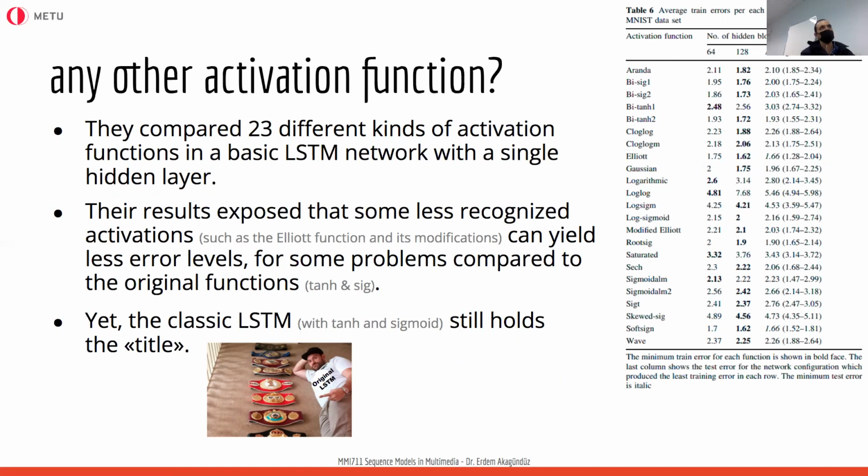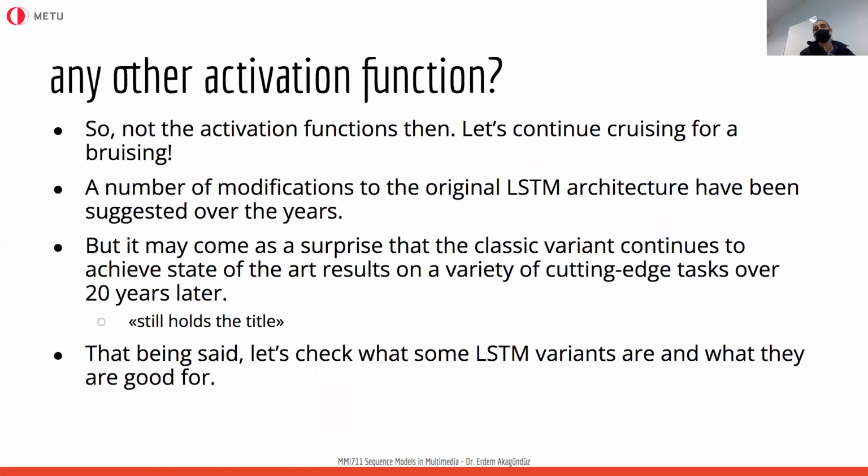The actual rival to LSTM could be thought of as the GRU, which is more like a partner to it, or maybe a transformer. Transformers you don't know yet; we're going to talk about them later in this course. So it's not the activation functions. Let's continue brainstorming. What kind of modifications to the original LSTM architecture have been suggested, or can be suggested?